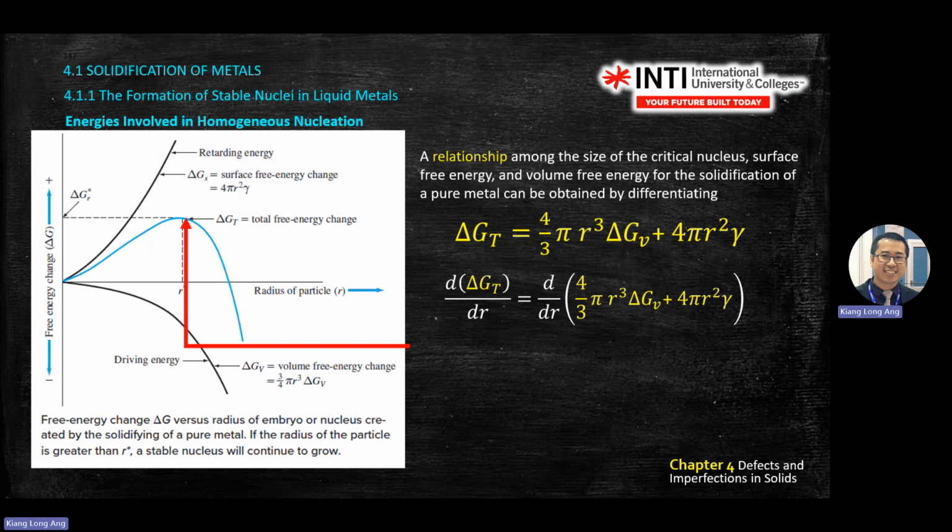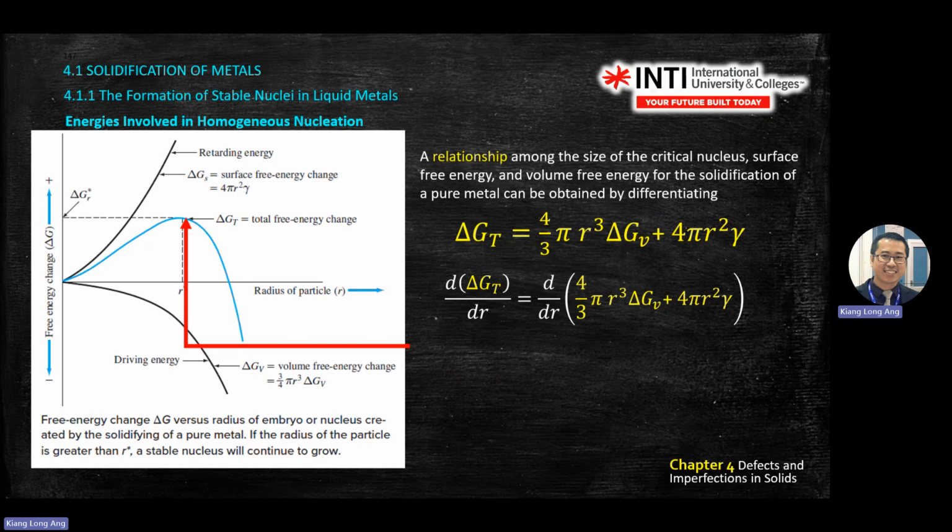So what value tells you that it has already reached the peak on the curve? dy/dx equals 0, right? So same. This is why we have this differentiation procedure. You do dy/dx, your x is the radius and your y is your energy.